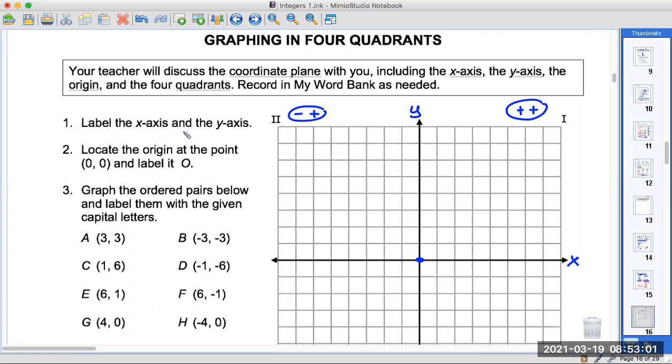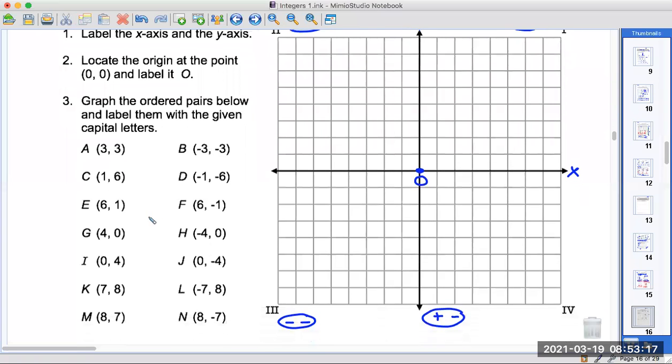And so you label the x and y axis, we just did that. You label the origin or locate the origin, label it point O. And now we're going to graph the ordered pairs and label them with a given capital letter. So I'm going to let you do that for homework, but I'm going to do a couple. I'm going to do these two for you, and then you have to do the rest.